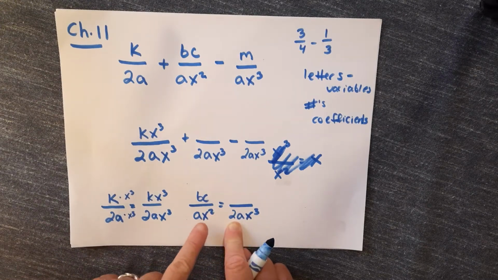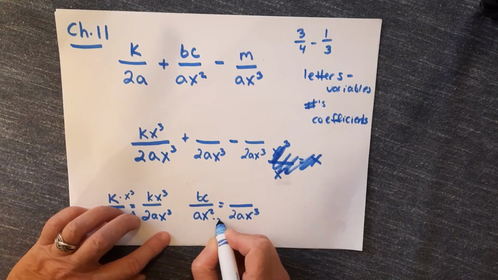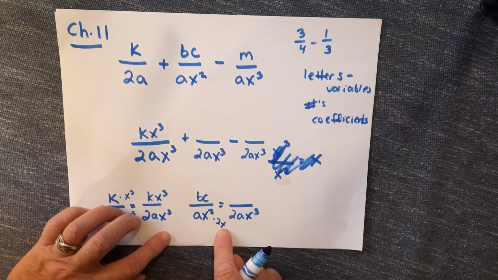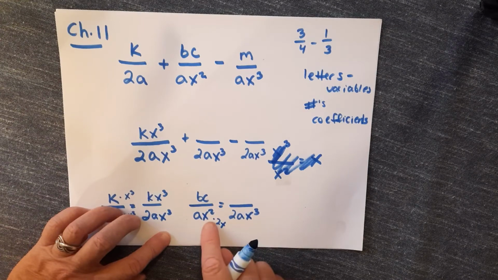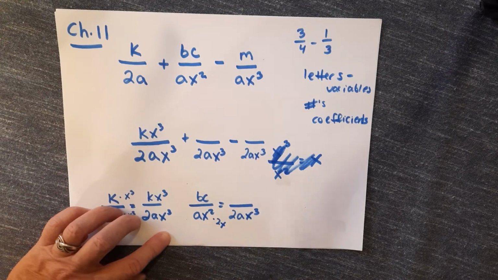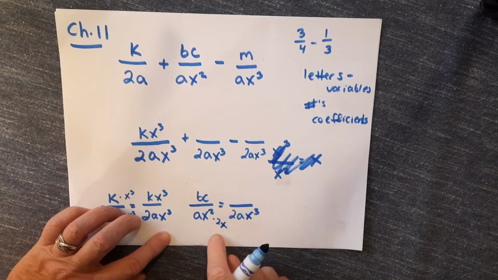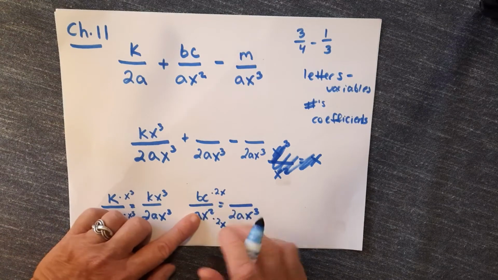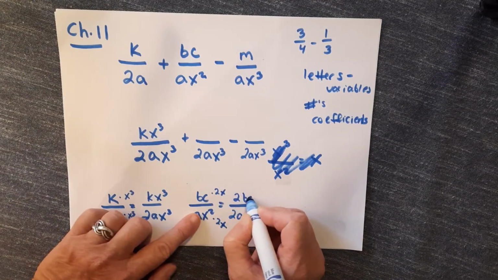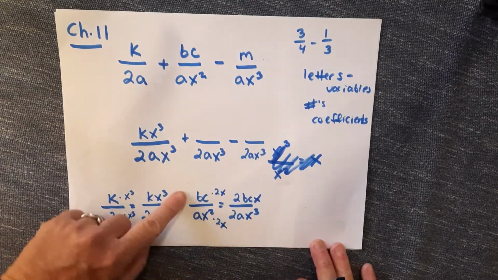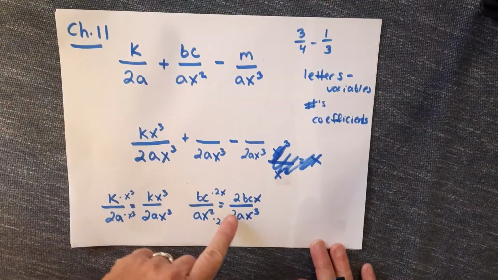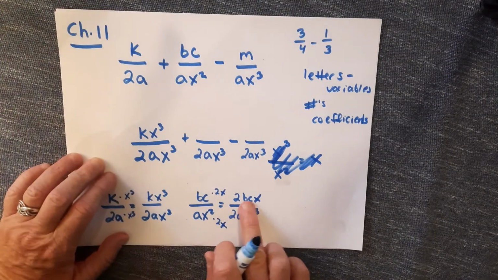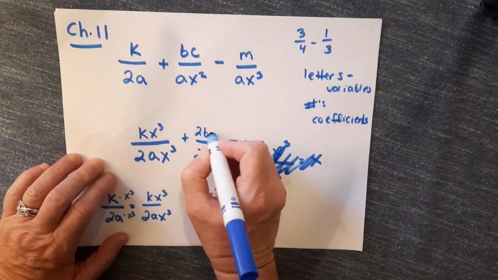So we need to multiply this bottom by 2x, since ax squared times 2x will give us this. So if we multiply the denominator by 2x, we have to multiply the numerator by 2x. And when we do that, we get 2bcx. So bc over ax squared is the same as 2bcx over 2ax cubed. So we'll put the 2bcx on top.